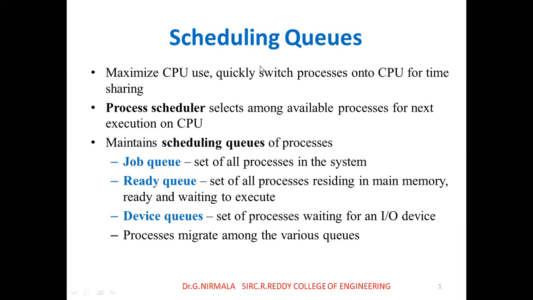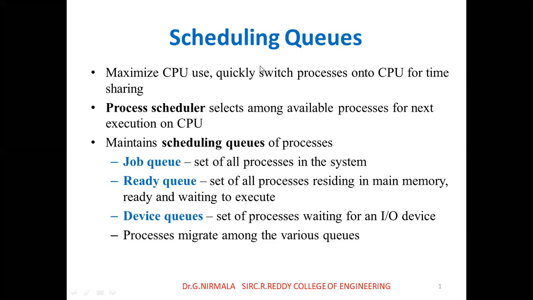Now, in today's session, we discuss scheduling queues. First of all, what do you mean by scheduling? It is one of the operations of a process. The operating system's main functionality is resource allocation with the help of a scheduling policy, meaning maximize the CPU utilization and minimize the memory requirements.